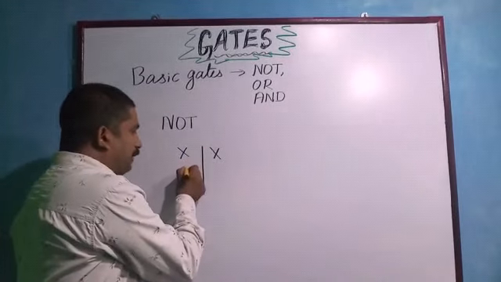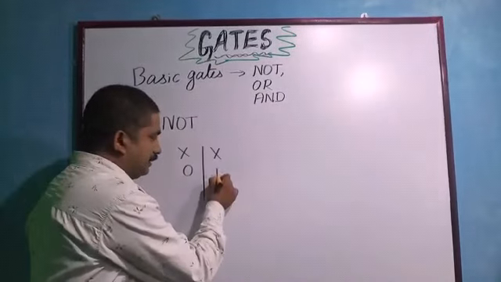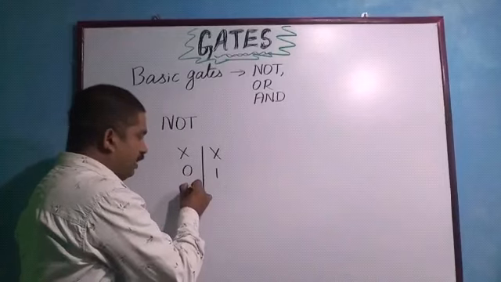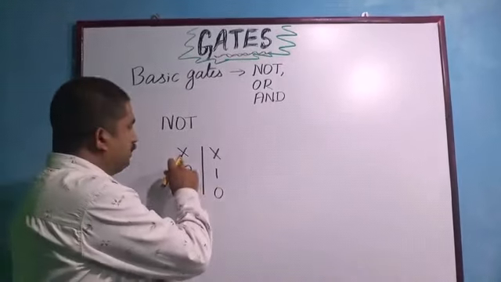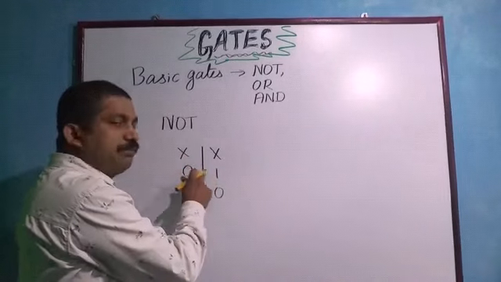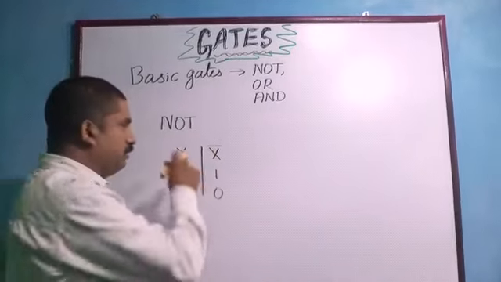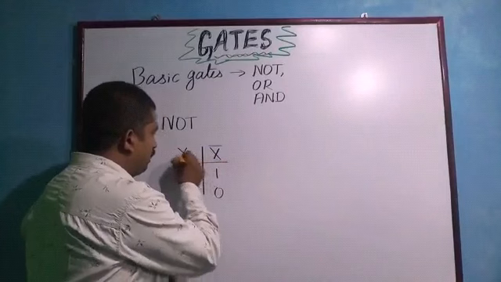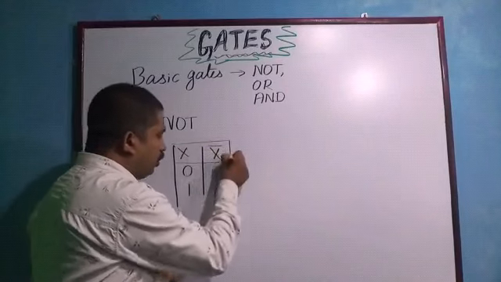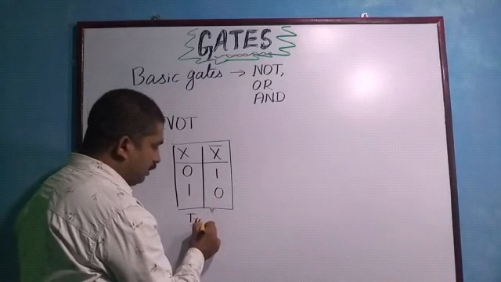If the input is the low signal, the output is high. If the input is high, the output is low. So the output is always the complement of the input. If the input is X, the output is X complement. This is called the truth table for the NOT gate.